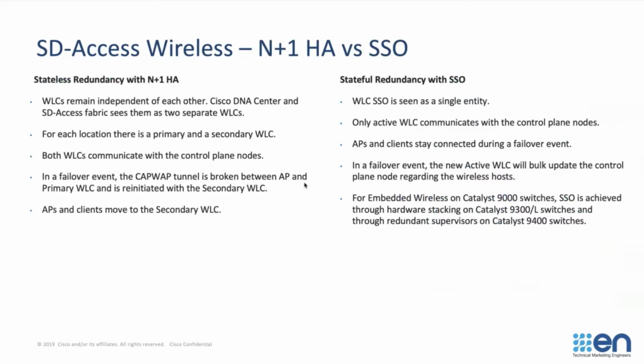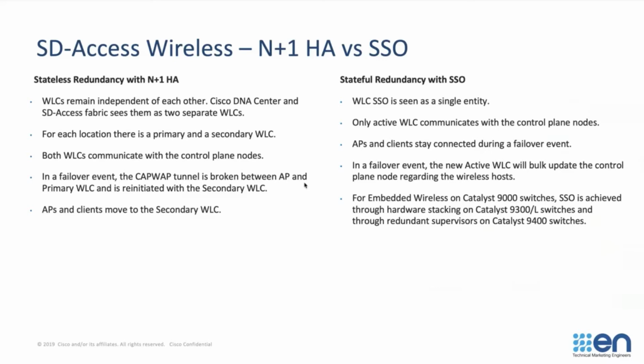But when you're enabling SSO mode, the wireless LAN controllers will be seen as a single entity. For this, we need to map them to a location, which could be based on a site, building, or a floor, but we need to map this wireless LAN controller to both the primary and the secondary location.